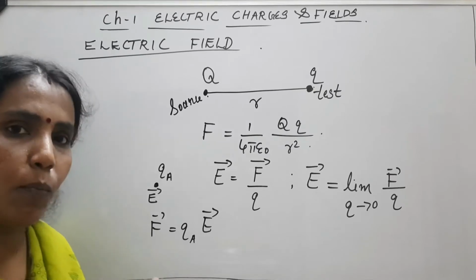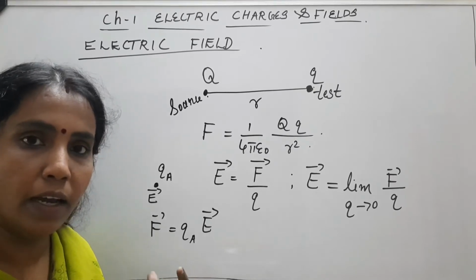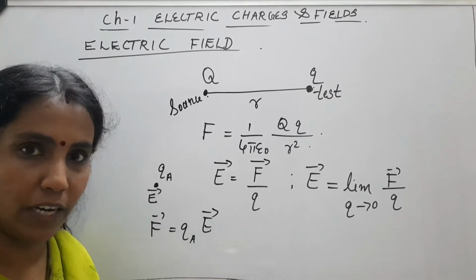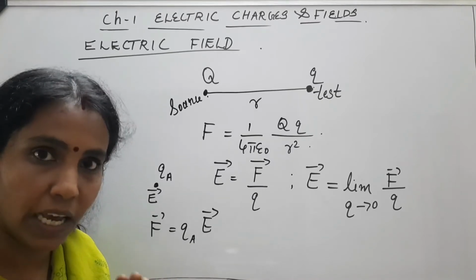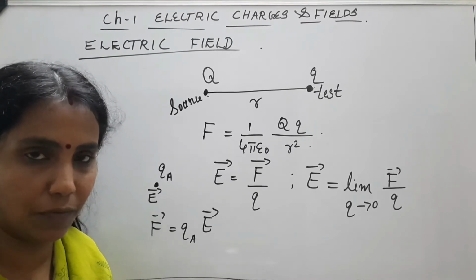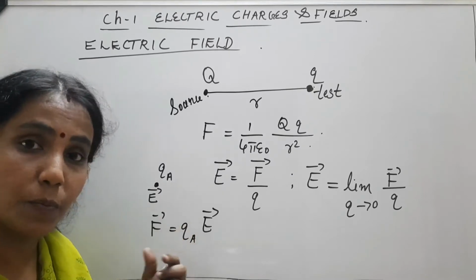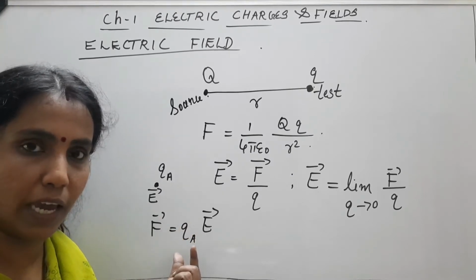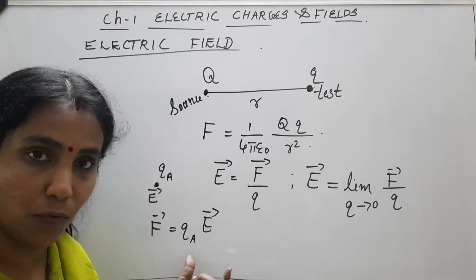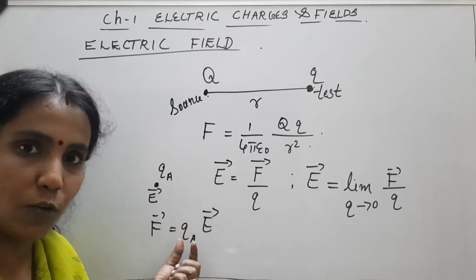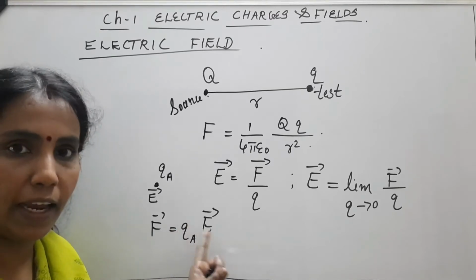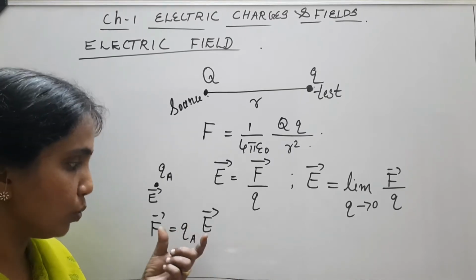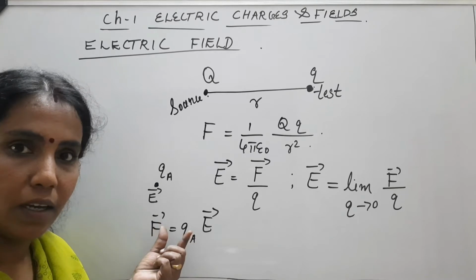It is a very important conclusion that we can have from the definition of electric field. Whenever a charge is kept in the presence of an electric field, that charge experiences a force, and that force is F is equal to QA into E. Two or three things we can say from this equation.